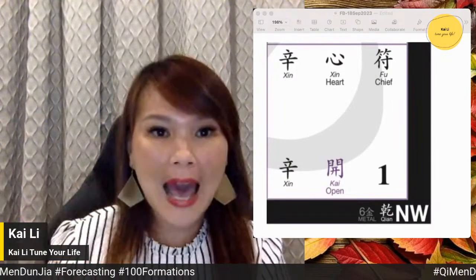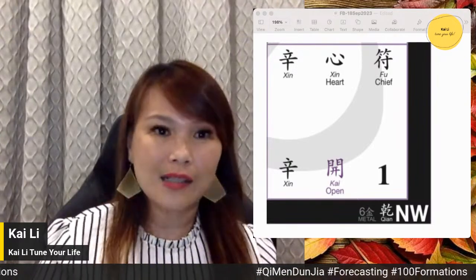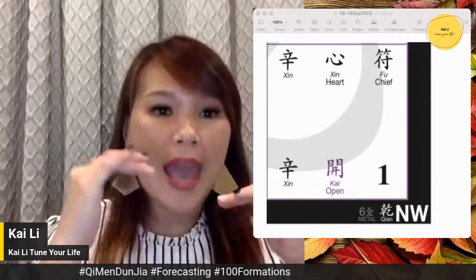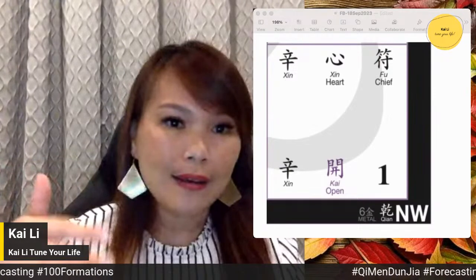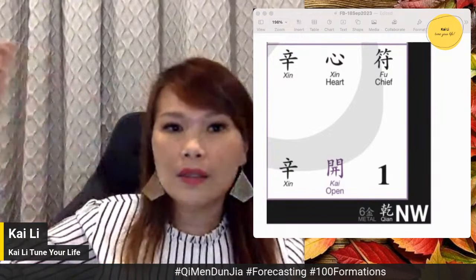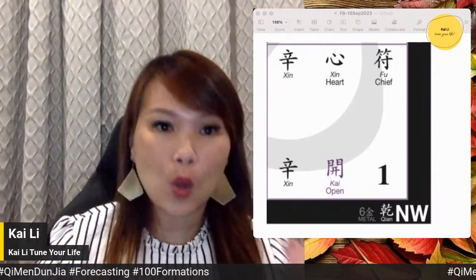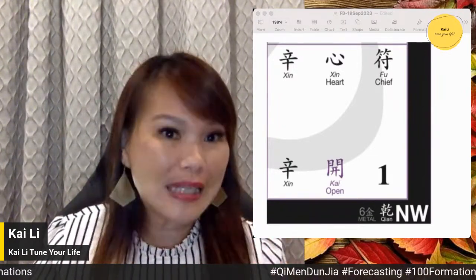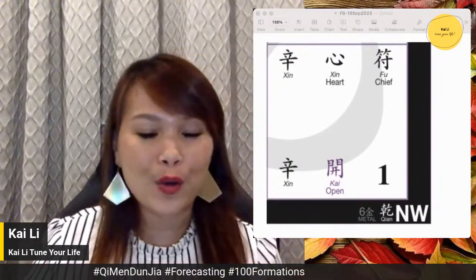Okay, that is how we look at, or how we read the QiMen forecast. A lot of you beginners always look at the Doors, the Star or the Deity. The Hundred Formations and how you read them will give you another aspect of what the result is, what the conditions are, and what action plan you are going to use.